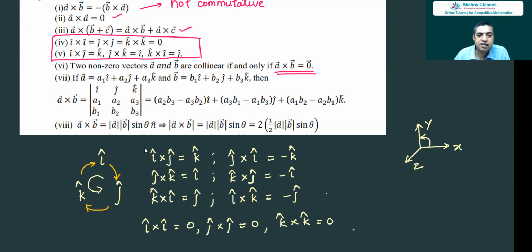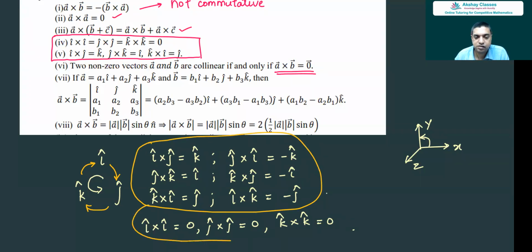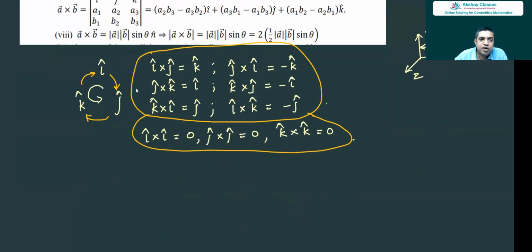Now when we do the cross product of A and B, which are defined like this: A1 I plus A2 J plus A3 K, and B is B1 I plus B2 J plus B3 K, then the cross product is nothing but the determinant of the coefficients.